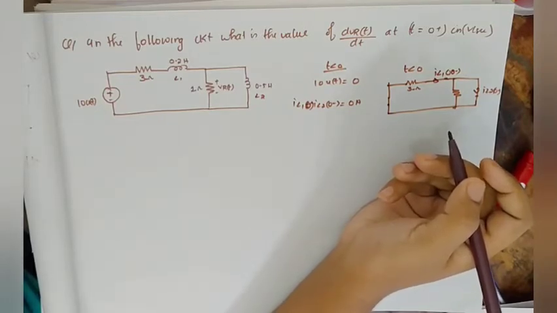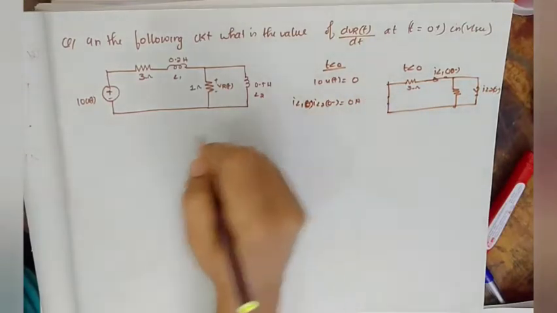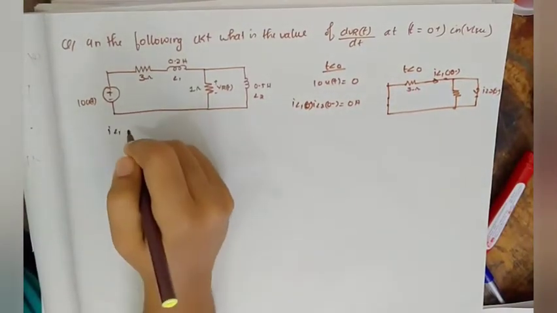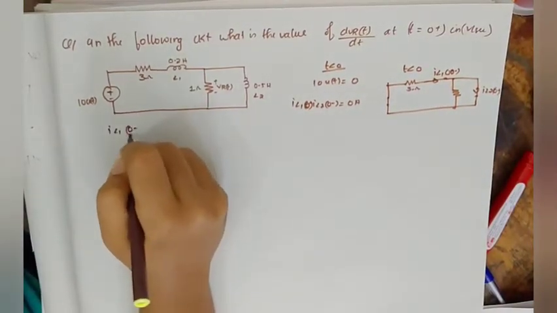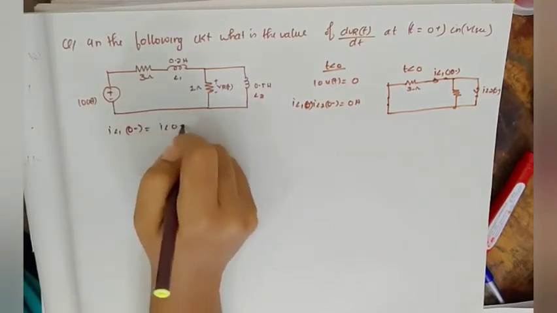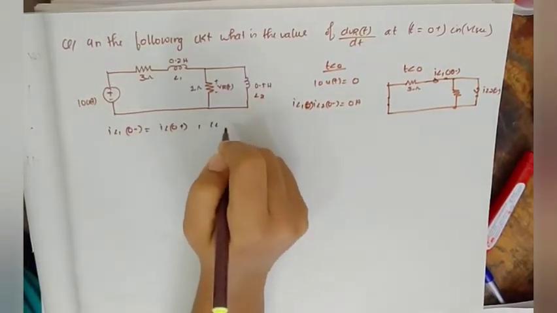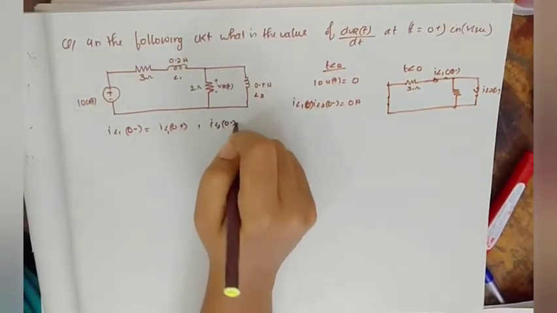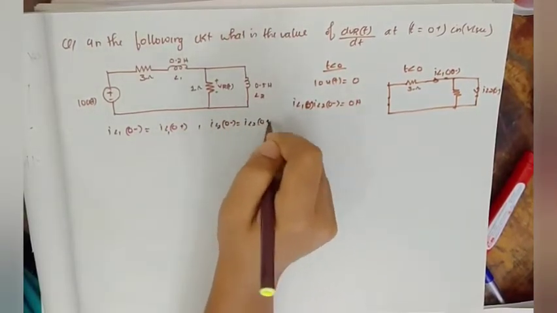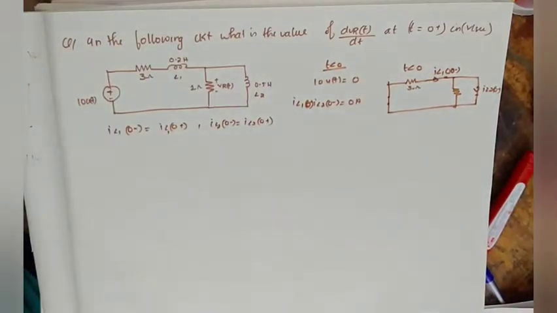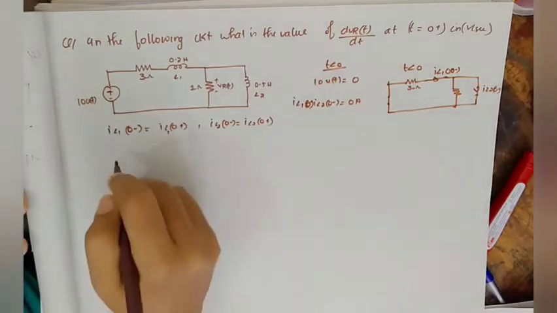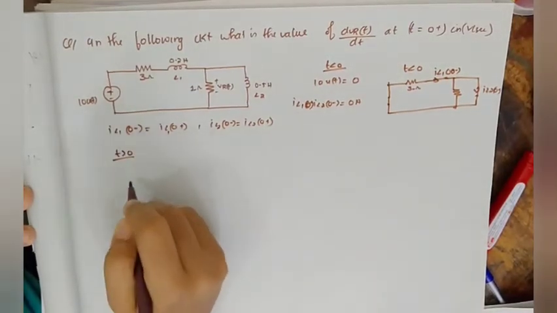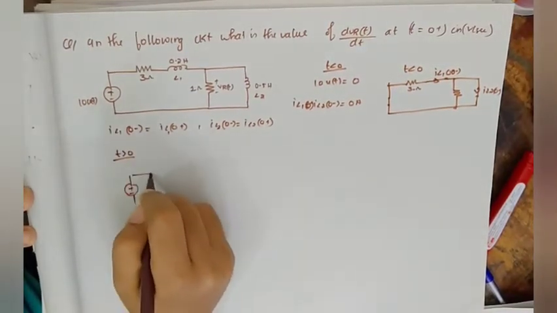Okay, so inductor will not allow sudden change in current, so IL1 of 0 minus will be equal to IL1 of 0 plus, and IL2 of 0 minus will be equal to IL2 of 0 plus as well. Okay, and if I am writing the circuit for t greater than 0, it will be like this.